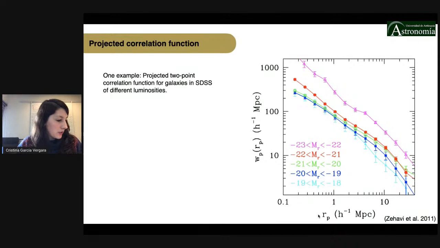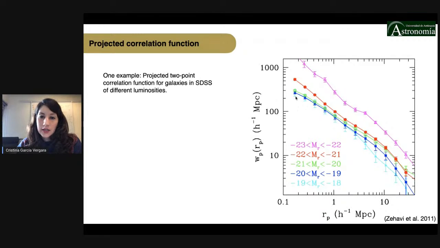Then, the same as before, here I am showing an example of a projected correlation function, also for galaxies in the Sloan Digital Sky Survey, measured in 2011 by Zehavi et al. In this case, they separate the sample in different luminosities, but basically I just want to show you how those kinds of plots look like.